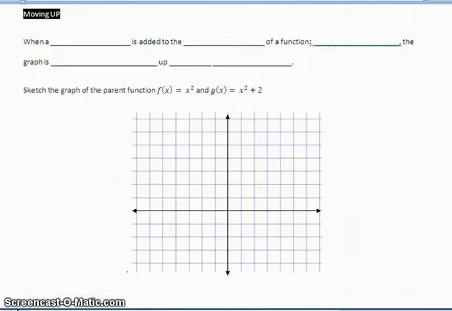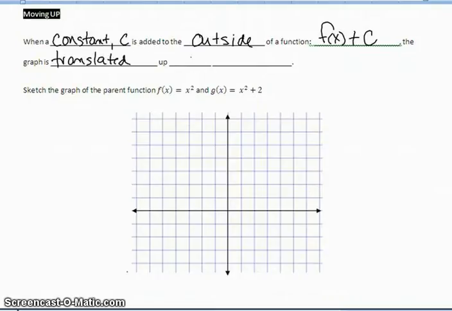To move a parent function up, we're going to have a constant c that is added to the outside of the function, or f of x plus c, which means that the graph is translated, or moved, up, whatever that constant is, c units.